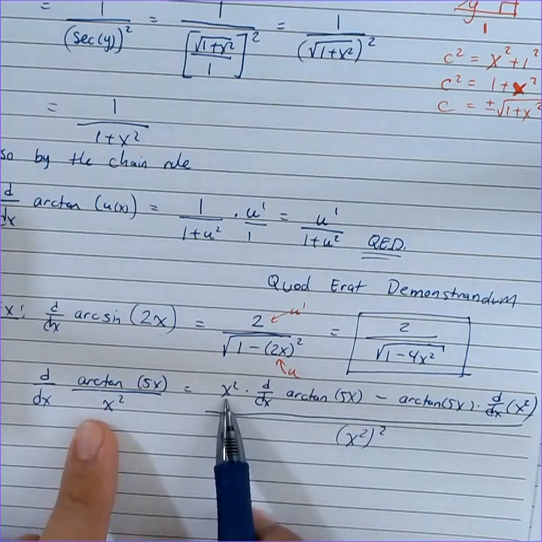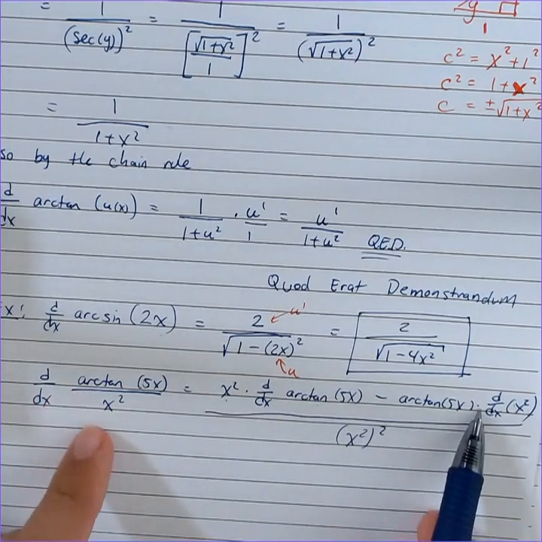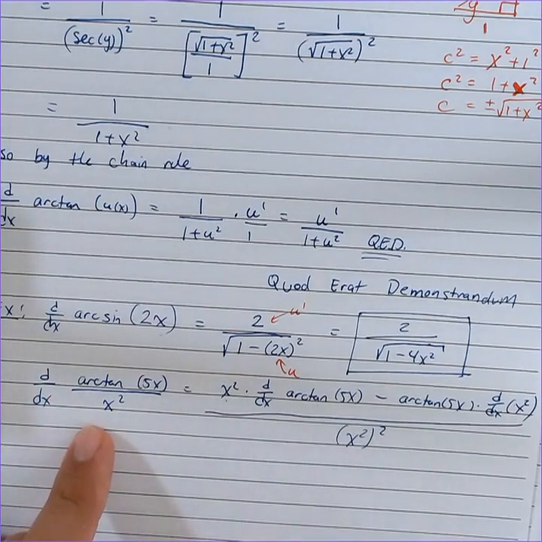All right. The bottom times the derivative of the top minus the top times the derivative of the bottom over the square of the bottom.